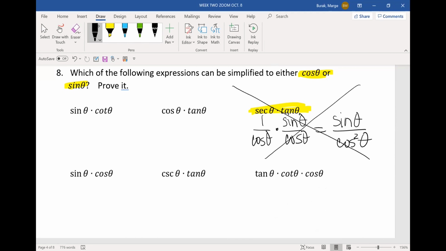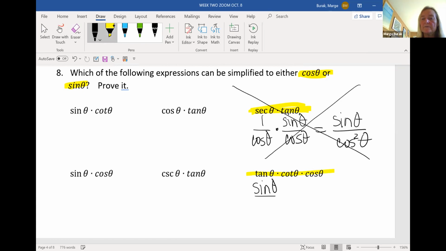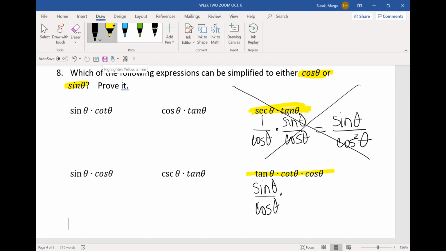I started backwards. That's tangent times cotangent times cosine. So tangent is, let me look, is it sine over cosine or is it cosine over sine? Tangent is sine over cosine. And then cotangent is the inverse of the tangent, so it's cosine over sine, and then that's times cosine.